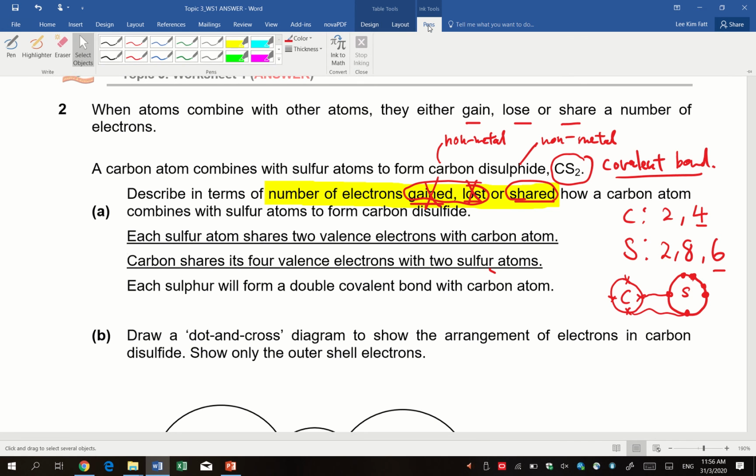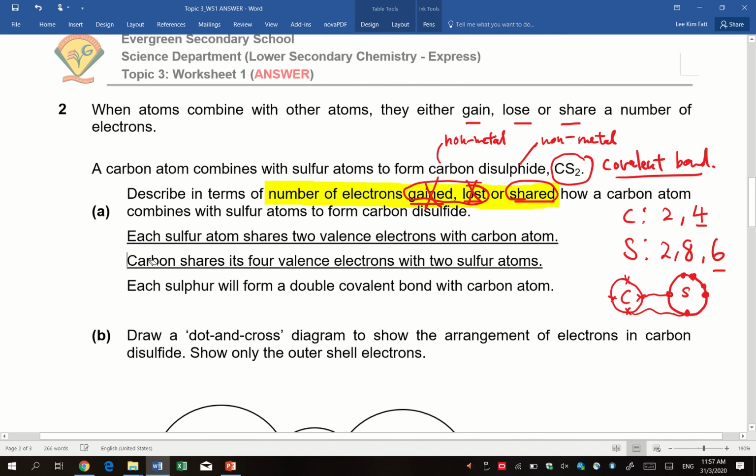Now, if you take a look at whatever I have drawn over here, you should be able to see that each of the sulfur atoms will share its 2 valence electrons with the carbon atom, over here, 1, 2. The carbon atom will share its 4 valence electrons with 2 sulfur atoms.